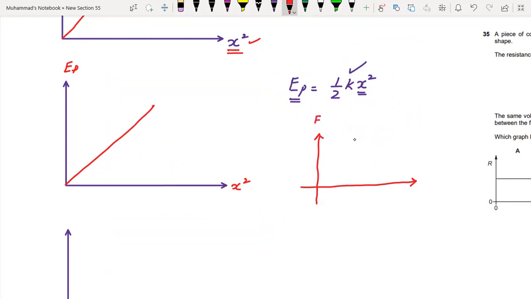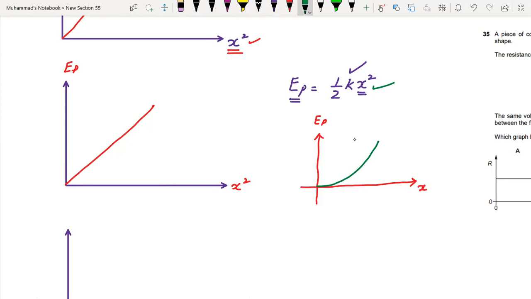So EP versus x will be in this form. Okay. So this is how you sketch the graph between x and y if it is x square.